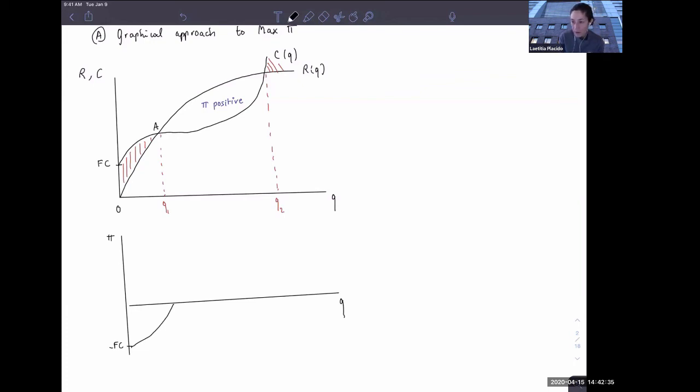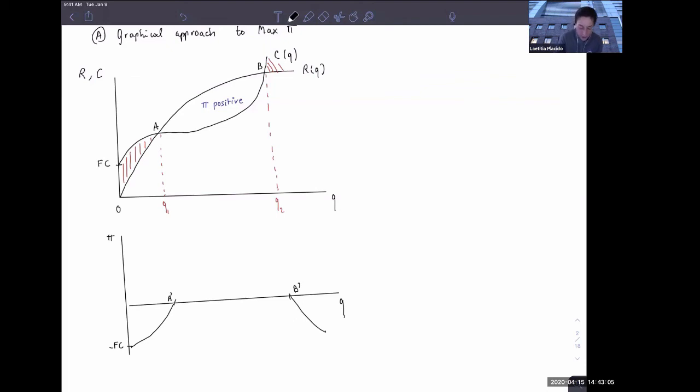So the profit is 0. Okay, so I'm gonna cross the horizontal axis here. Okay, and I know that I'm going to cross the horizontal axis again in Q2. Okay, why? Because my profit turned from positive to negative in Q2. Okay, so in B here, I know that my profit will turn negative again.